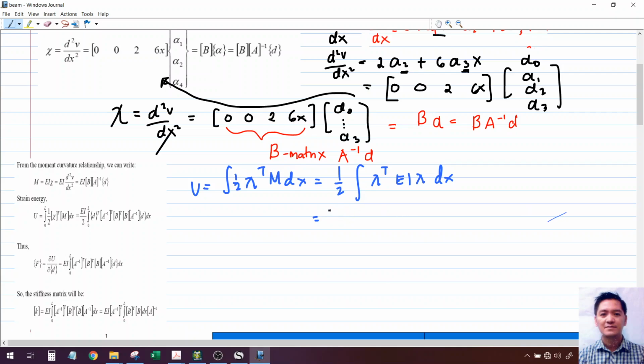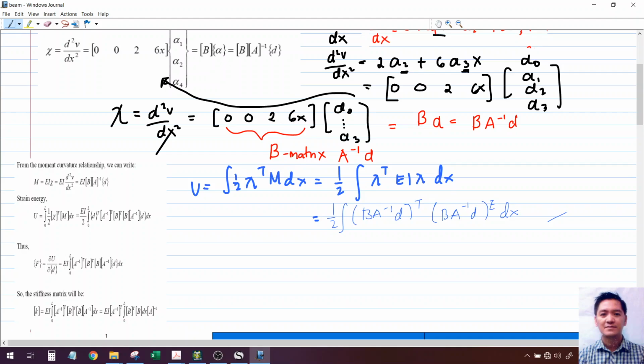So, nawala, no? Ulitin ko lang. 1/2 integral of B A inverse D transpose tapos B A inverse D dx.